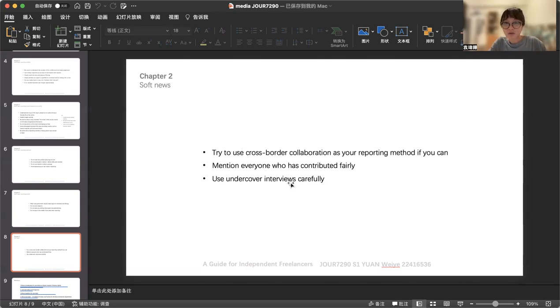And of course you need to mention everyone who has contributed, fairly. And then, do undercover interviews carefully. Undercover interviews are a question people are concerned about with parachute journalism, like when you are sent somewhere else to go undercover. I think it's a very sensitive topic because it's about privacy.